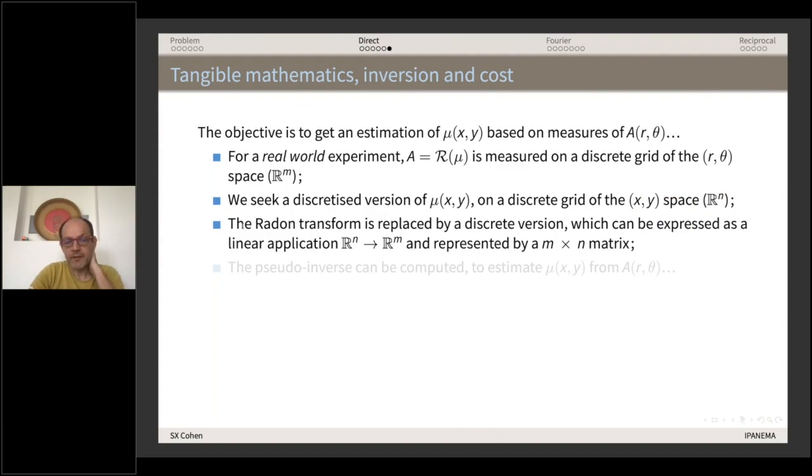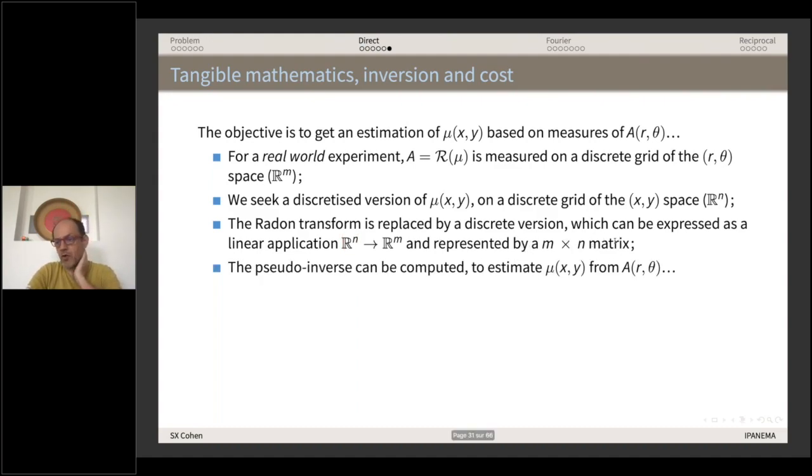In this case, the Radon transform is replaced by a discrete version, and it's fairly easy to demonstrate that the discrete version is also linear. So what I'm trying to reverse is the effect of a linear transform. The Radon transform in this case is a linear transform from R to the n to R to the m, which is basically an m by n matrix.